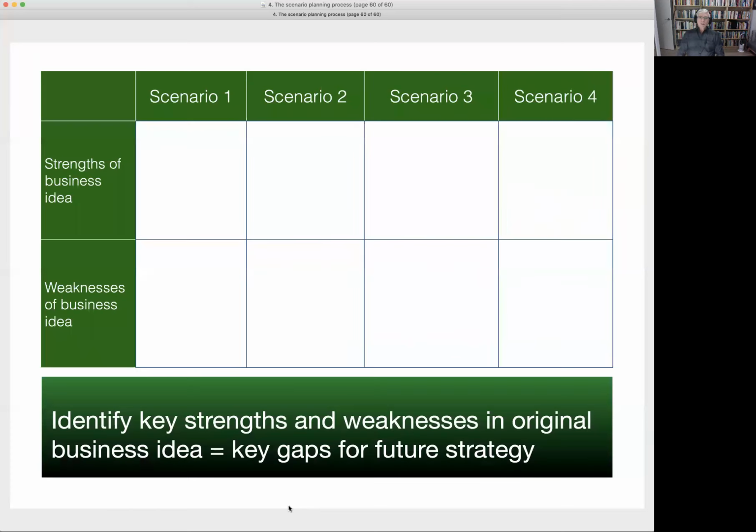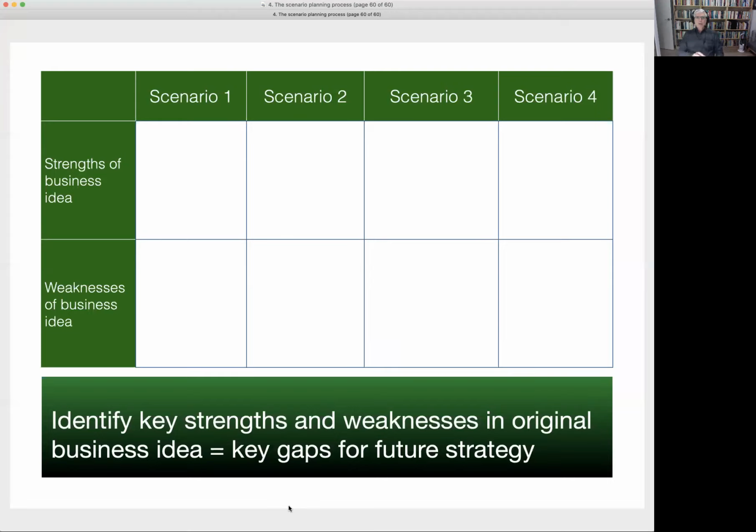So this little framework over here is a summary of the strengths of the business idea under each scenario and the weaknesses of the business idea under each scenario. We take this information and we apply it to our future strategy, and that's another section altogether.